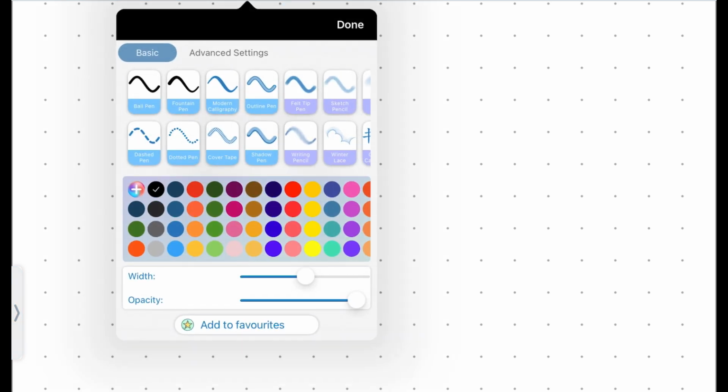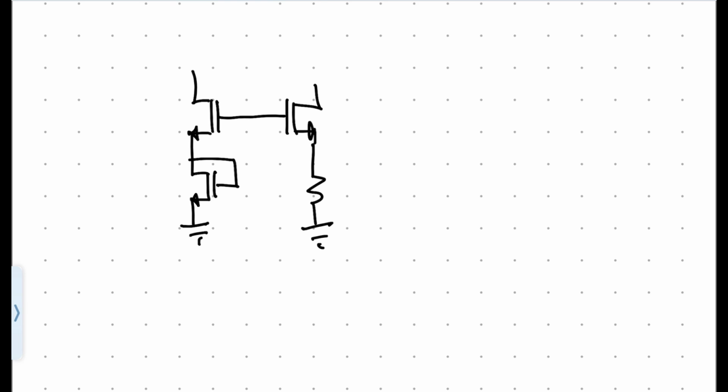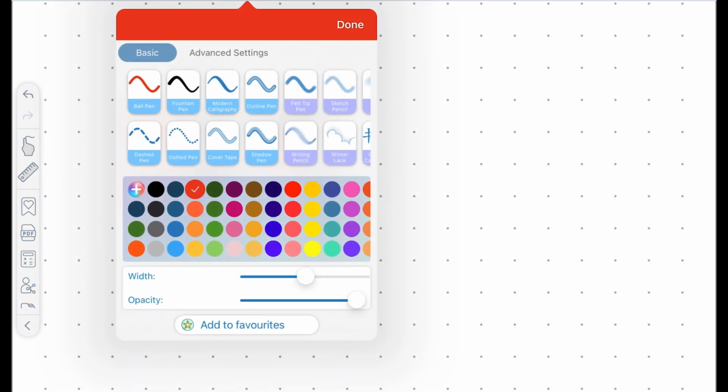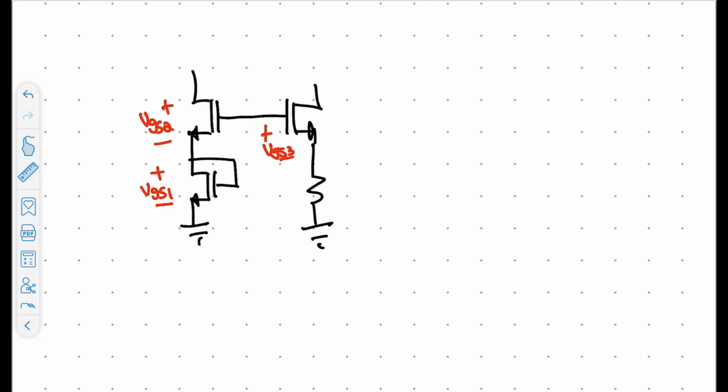If we follow the loop here, we are going to increase a VGS1, and then we increase a VGS2, and then we drop back down a VGS3. And then we have R here.